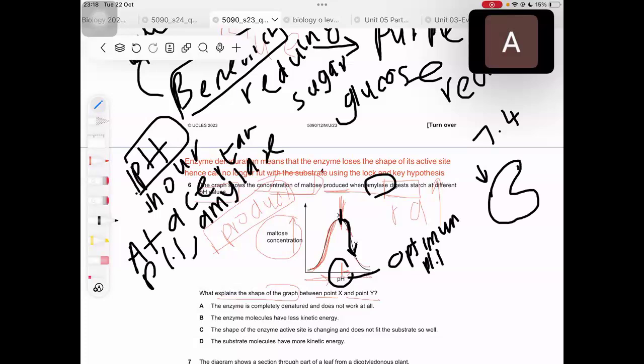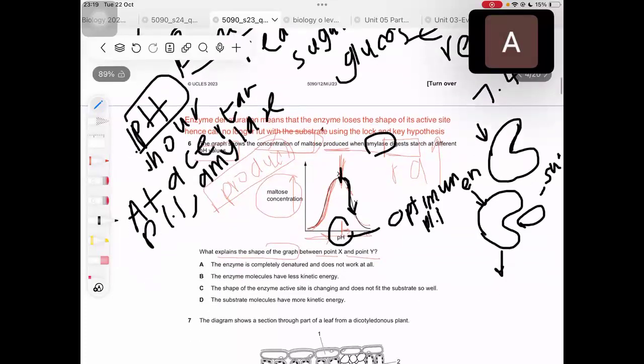Let's say the enzyme initially looked like this, and this is the substrate, this is the enzyme, right? After that high pH has affected it, the enzyme would look something like this, right? Can this substrate any longer fit this enzyme? No, the substrate can't fit this enzyme, right?